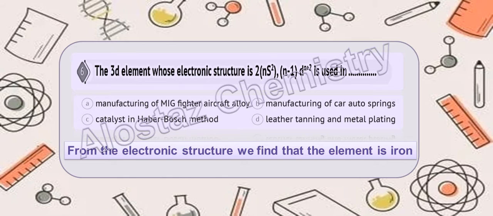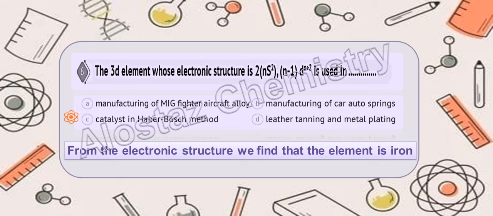If we calculate it in the transition elements, ns^2, (n-1)d from 1 to 10, or n plus 2, the calculated number will be iron with the atomic number 26. Okay, what are the uses of iron here? The right answer will be as a catalyst in the Haber-Bosch method. We use iron as a catalyst in the Haber-Bosch method.